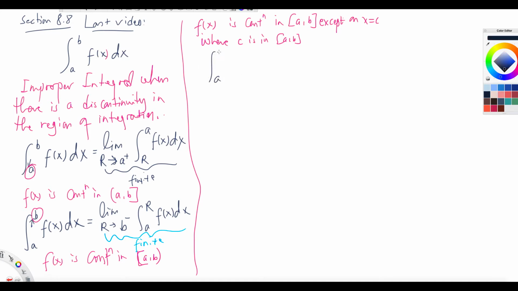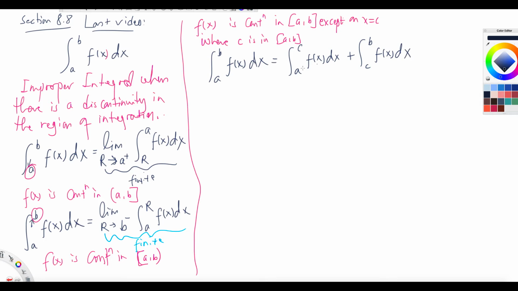If you have the integral from a to b of f of x dx, but there is a point c between a and b where the function is infinite or the function is not continuous, in that case, what you do is you break it into the integral a to c f(x) dx plus the integral c to b f(x) dx.